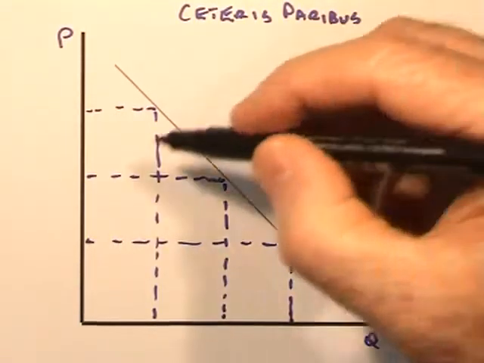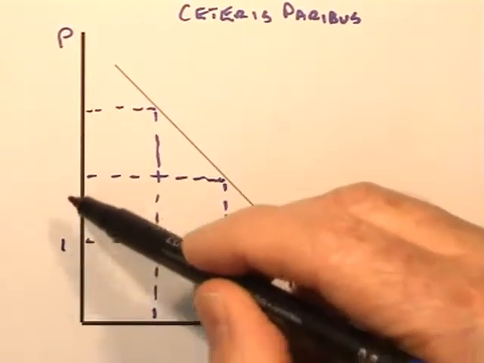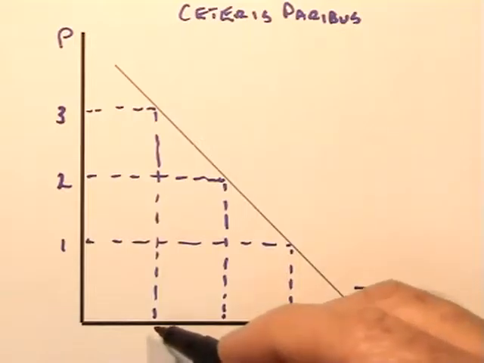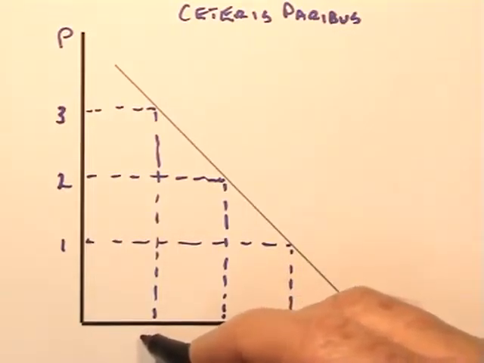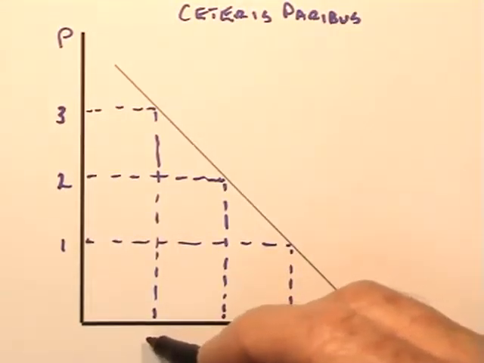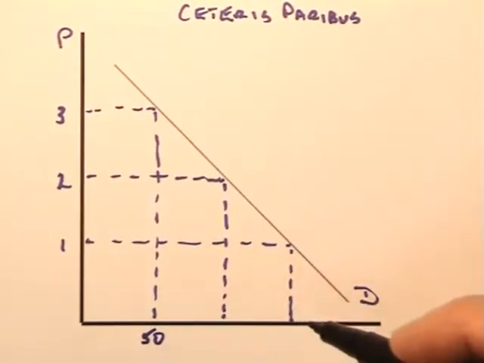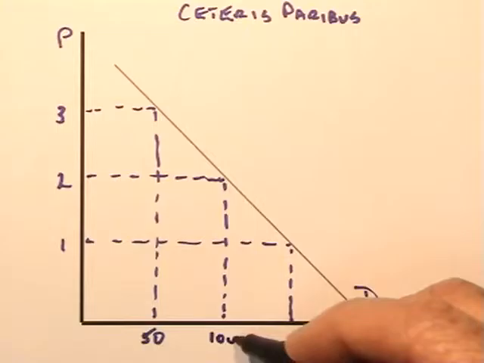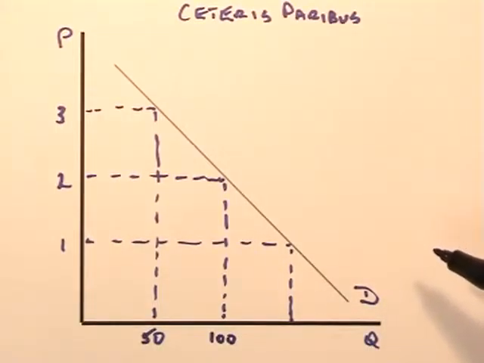If we give them numbers, we said $1, $2, and $3. At a price of $3, a consumer was only prepared to consume 50 units. At a price of $2, a consumer felt that they could consume 100 units.